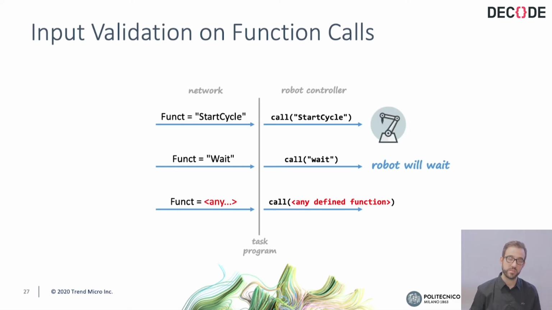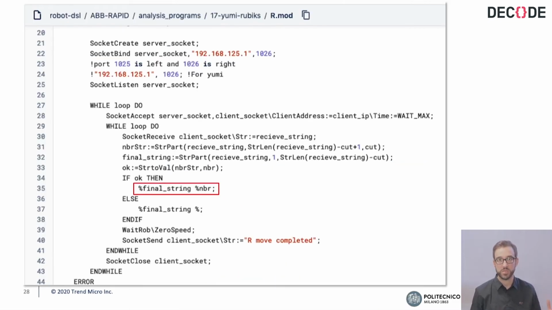For example, we found this code in a public repository of a university, and now it's been taken offline, where you can see that the program fetches data from the network and then uses that data to calculate a string, and that string is the function name, the name of the function to be called.